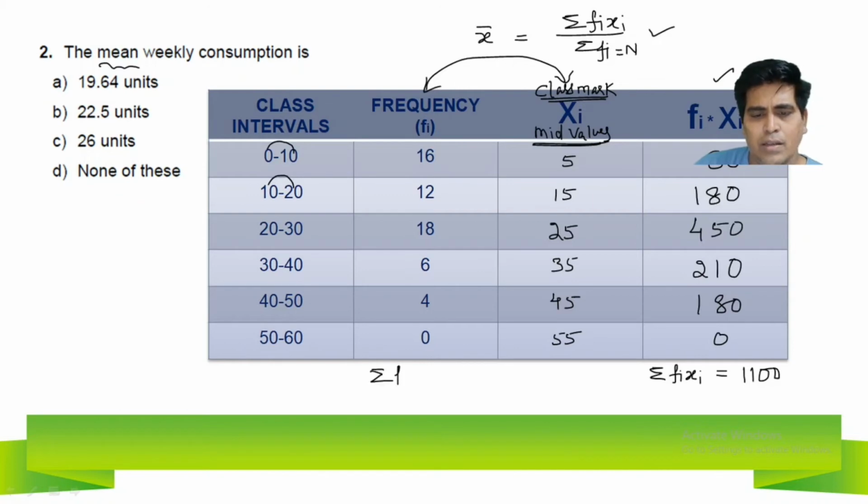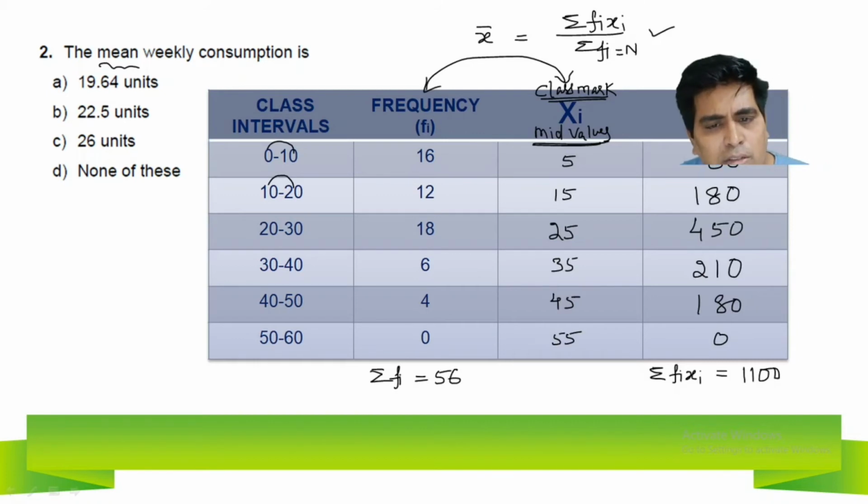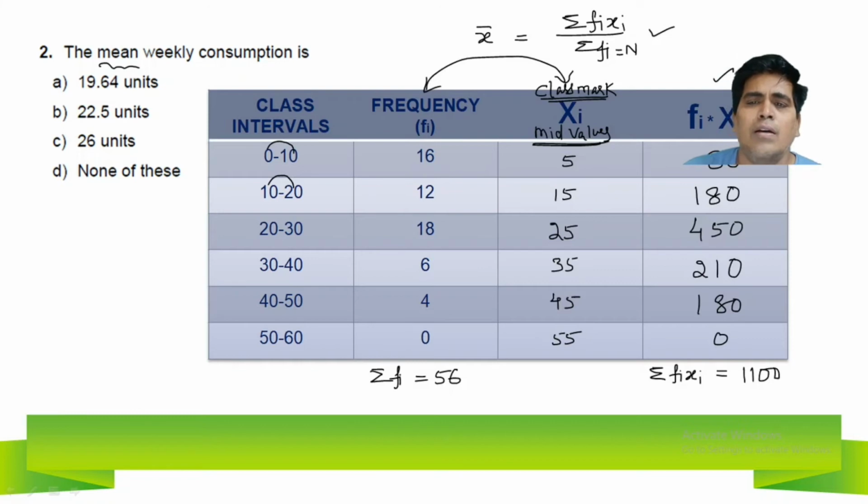Check it. So sigma fi, already the total number of families here is only 56. It is clear. So once again you can cross check. If you add all, you will get 56 only. So I got the sigma fi xi value and the fi value. So substitute in the formula. You just have to divide the two numbers. So we will get the mean.